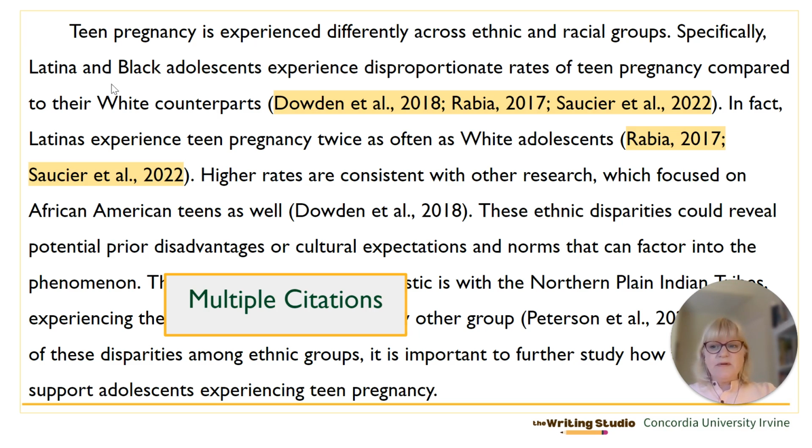So for example, in this sentence where it says specifically Latina and Black adolescents experience disproportionate rates of teen pregnancy, well, that information was found in each of these three sources. And same with the next sentence where we found other information, it was echoed in two studies. So this is where you're really doing that synthesis, critically analyzing those studies so you can find similarities between them.